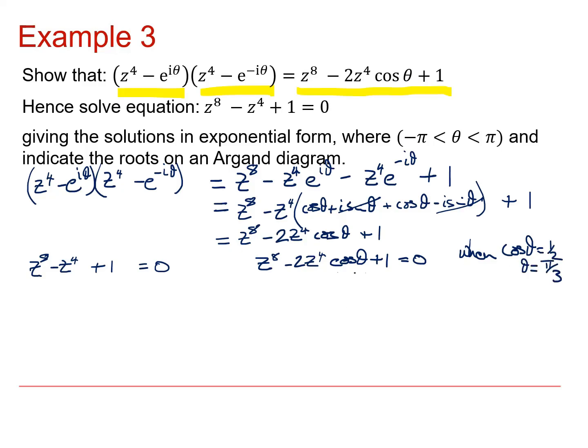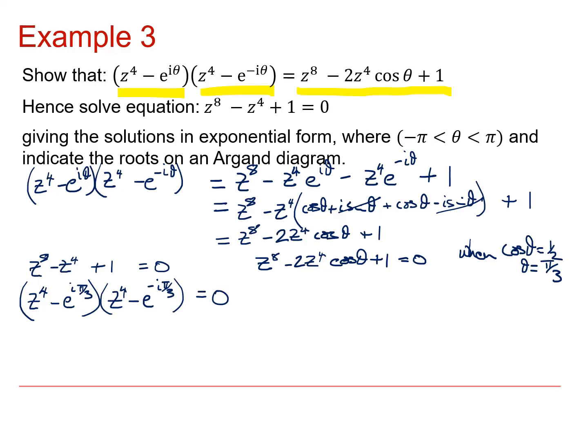So we know this thing factorizes up here like this, and if theta is equal to pi by 3, then basically I'm solving this equation, z to the 4 minus e to the i pi by 3 times z to the 4 minus e to the minus i pi by 3 is equal to 0.